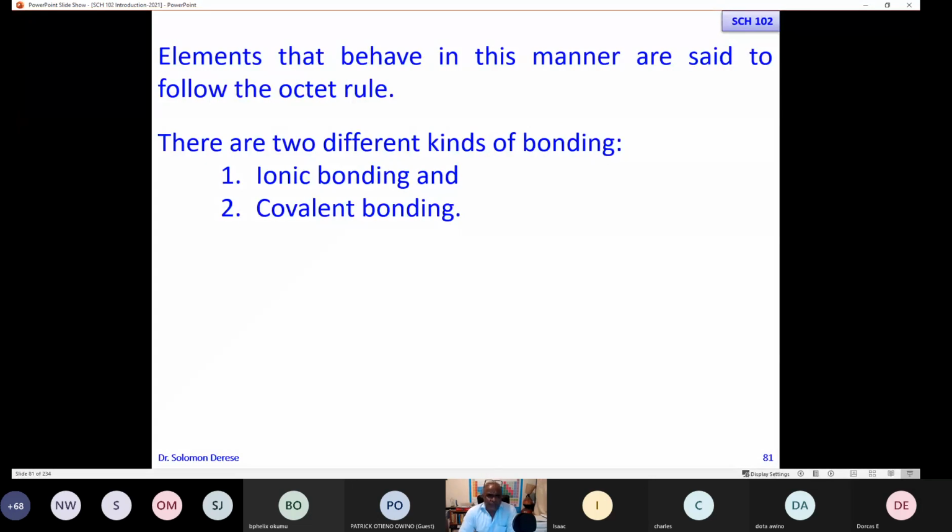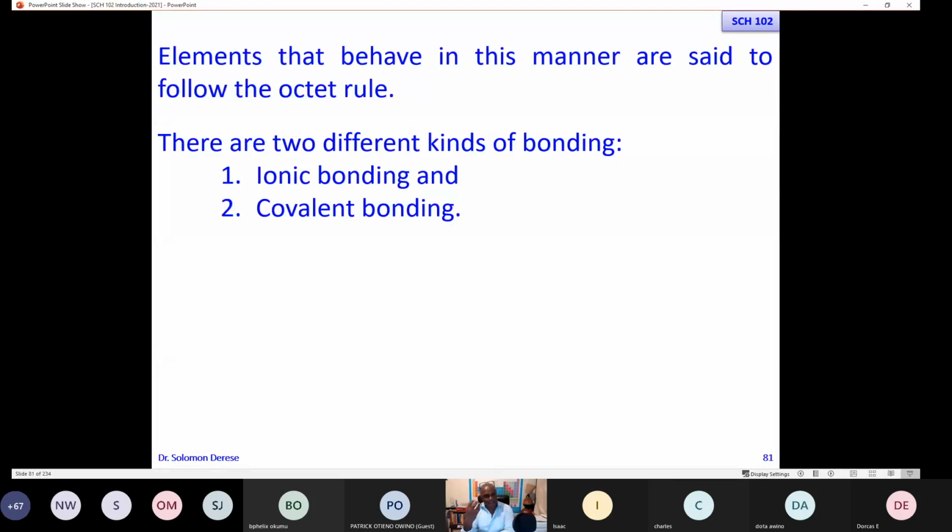And there are 2 different kinds of bonding that exist between elements, as you have learned in high school. These are called ionic bonding and covalent bonding. When elements form a chemical bond, the reason is to have an octet of electrons, 8 electrons in their valence shell.